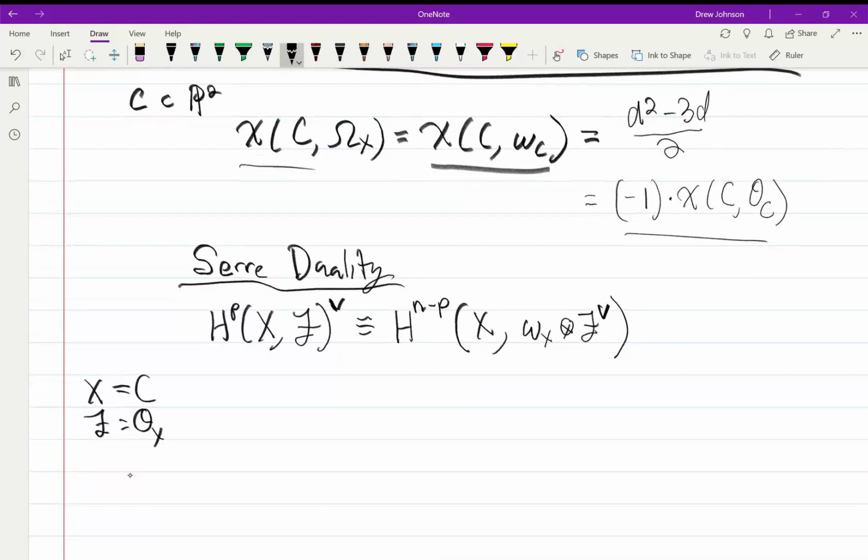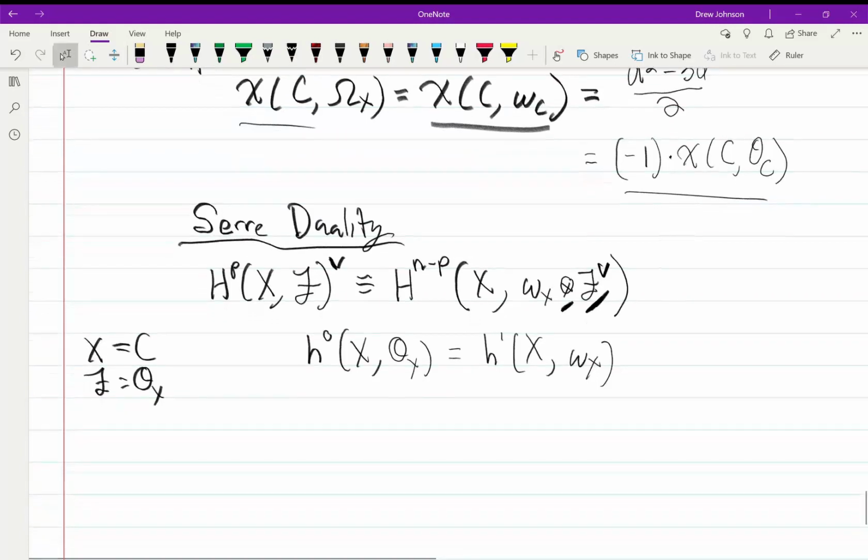So this in particular would give us that H0 of X, OX would have the same dimension as this group. So notice the dual of the structure sheaf is just the structure sheaf again, and if you tensor by the structure sheaf, then you don't change anything, so we just get omega X here.